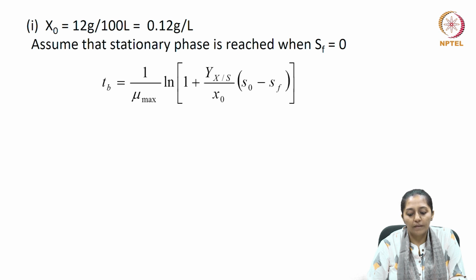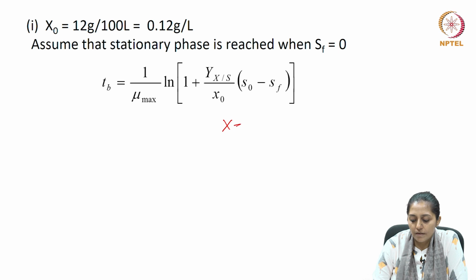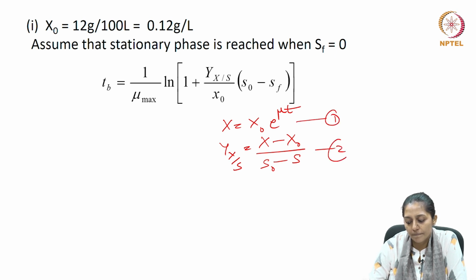The culture is growing at its maximum specific growth rate, and from the earlier problem, if you remember, we used the two equations: x equals x naught e to the power of mu t, and Yx/s equals x minus x naught divided by S naught minus S. Here mu can be assumed as mu max.